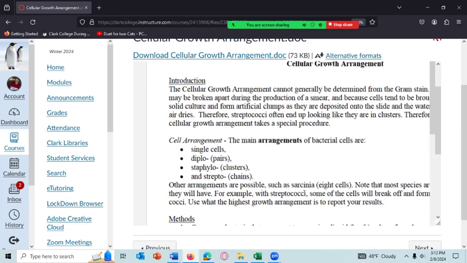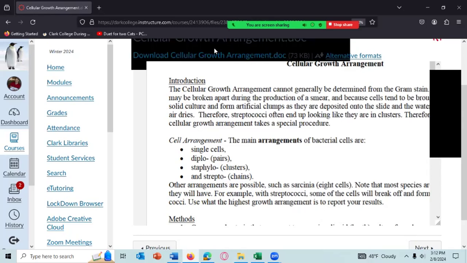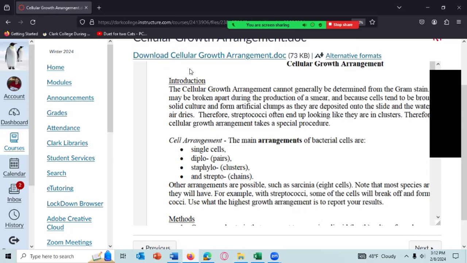But the point is, it's a more gentle procedure. You're getting the cells from a liquid culture, and then the cellular growth arrangement will show. So if you want to determine the cellular growth arrangement, you need to run the cellular growth arrangement test. You cannot get it from the gram stain. Any question about any of that?